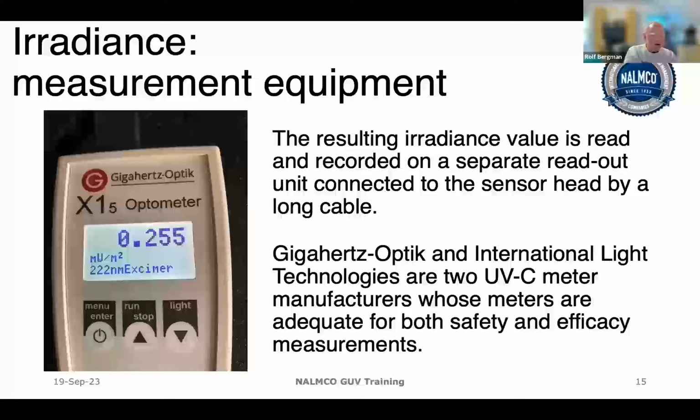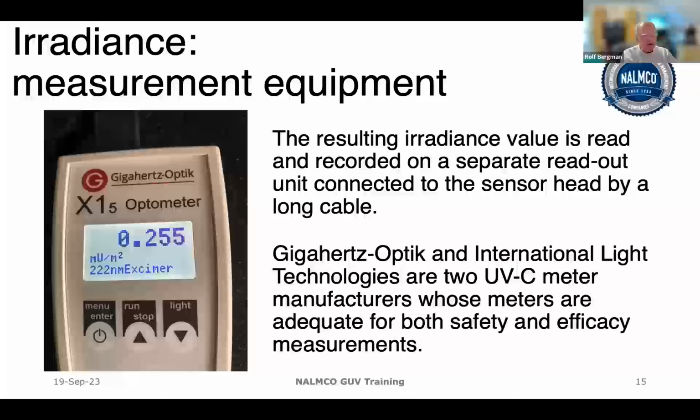Note that the readout of this UV meter is from Gigahertz Optic, and they have a number of them that you can buy. Notice that the readout says 0.255, and it's milliwatts per meter squared. So again, if you were to convert that to microwatts per centimeter squared, you would divide it by 10, so it'd be 0.0255.